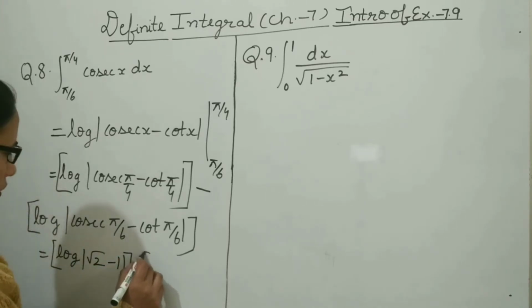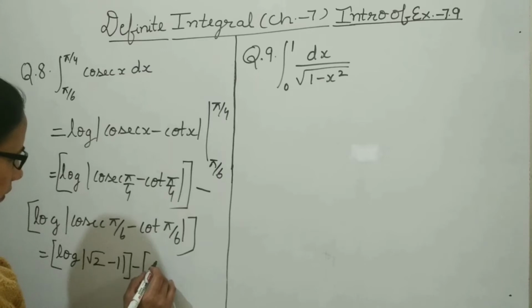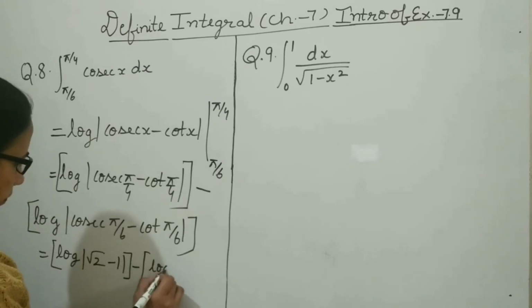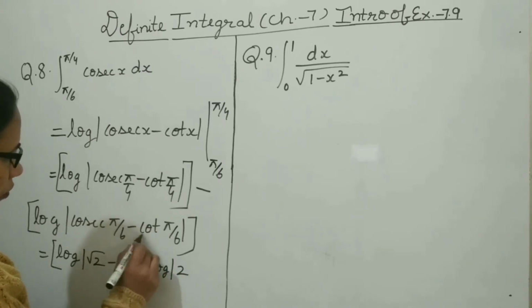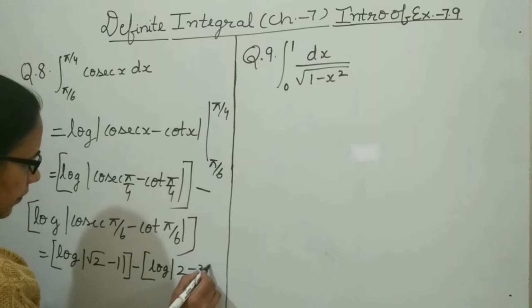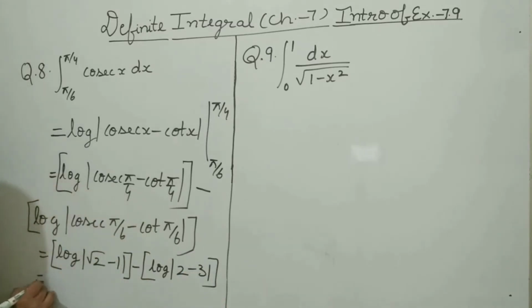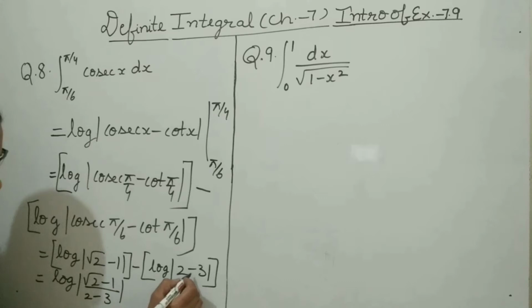Then cosecant of pi by 6 is 2 and cot of pi by 6 is root 3. So with the negative sign we can write the log value as root 2 minus 1 over 2 minus root 3. This will be root 3, okay. So this is the answer for your question number 8.